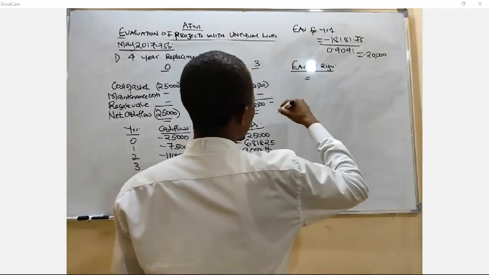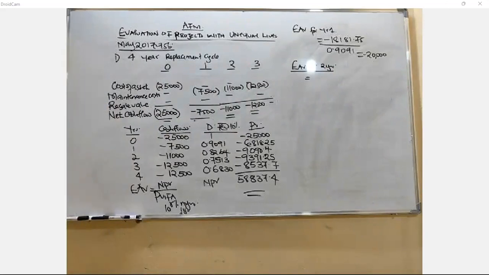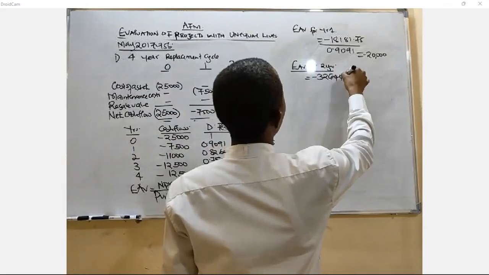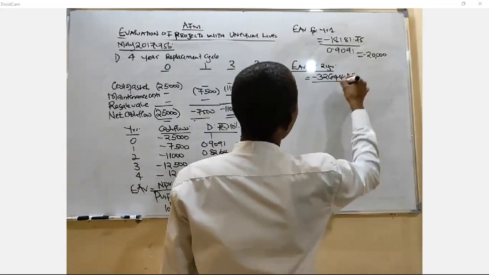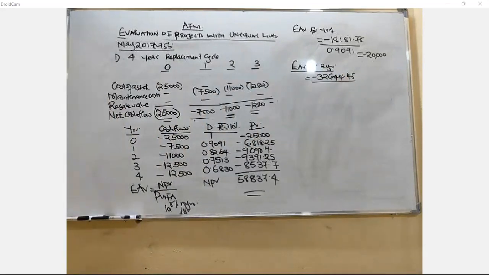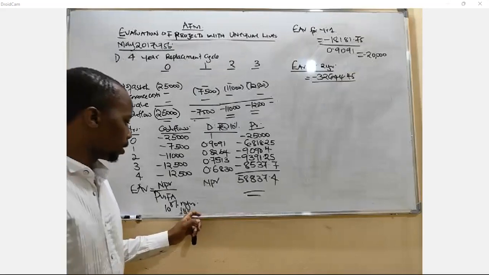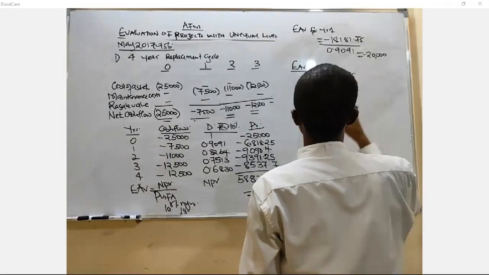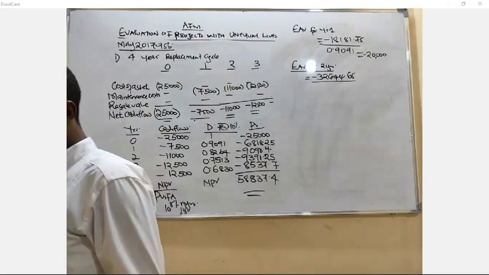Now, for the second year might be looking different because when you take the NPV for 2 years, the NPV was -32,644.45. We divided by what? Now we are discussing about 2 years. What is our discount factor? What was our discount factor there?